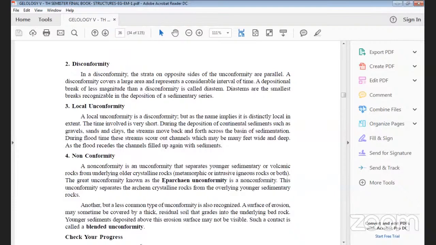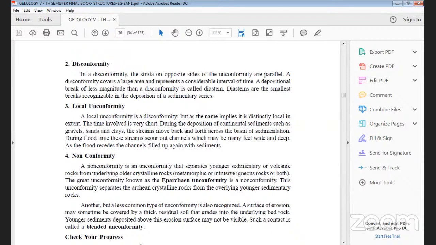When you come to the local unconformity, it is also one type of disconformity, but as the name implies, it is of distinctive local extent in the local formations, and the time involved is very short.